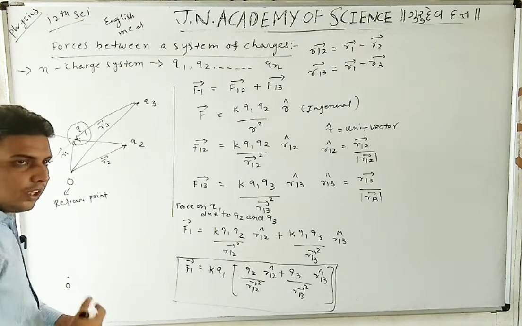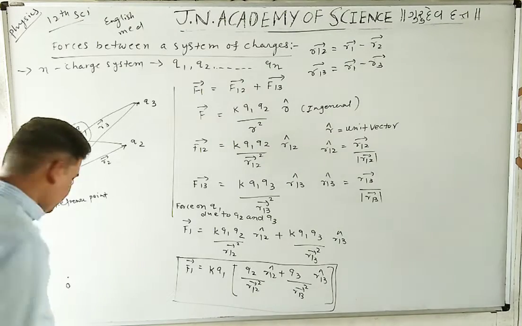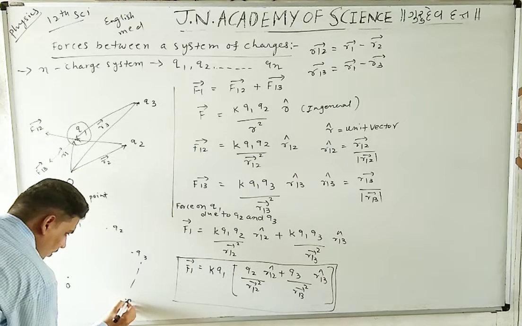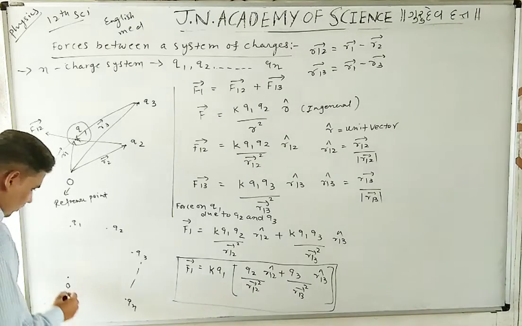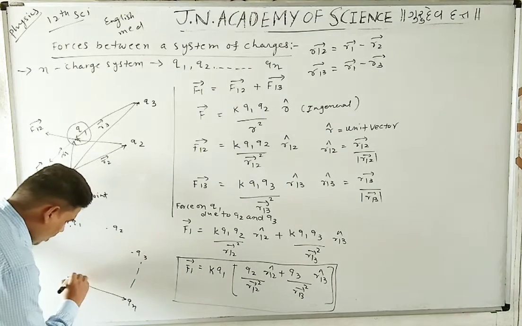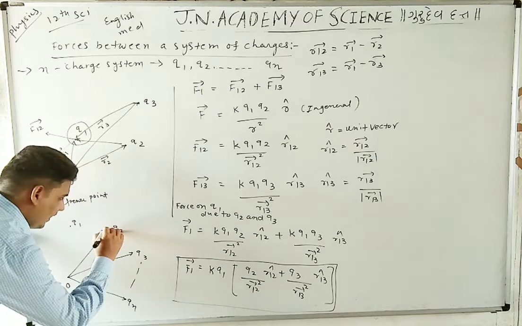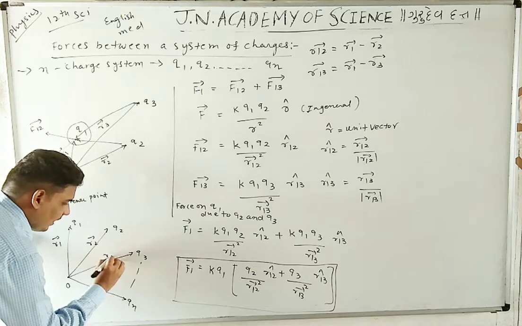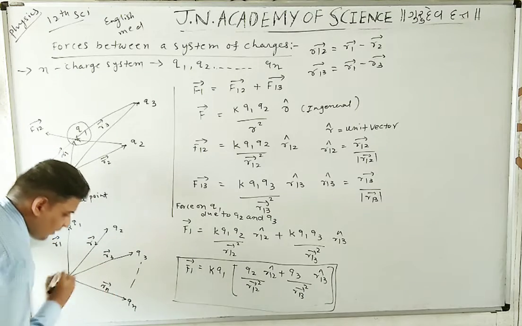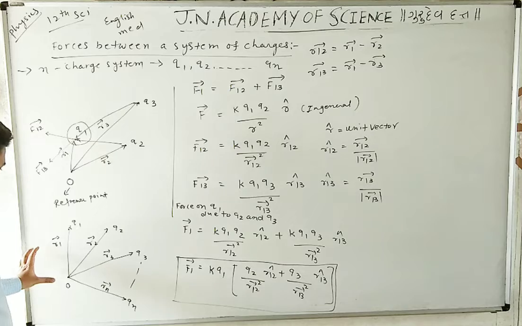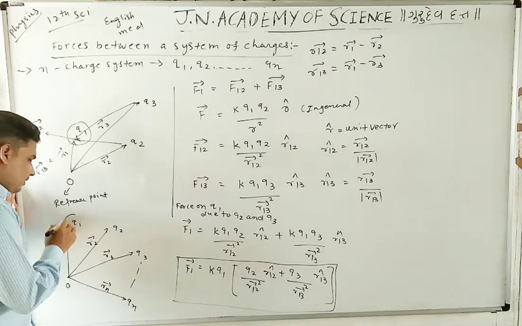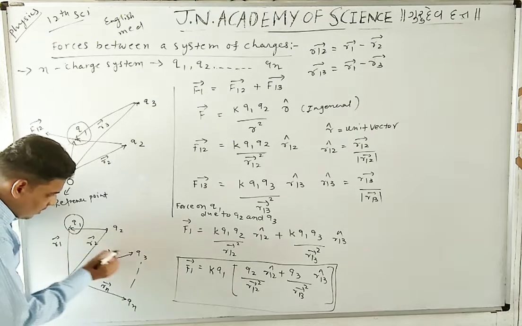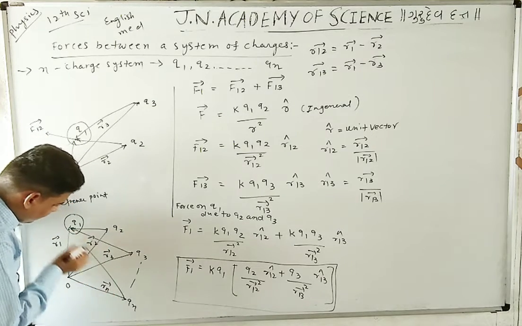Similarly, if you have an n charge system, then it will be Q1, Q2, Q3 and so on up to Qn. Your direction vectors will be R1 bar, R2 bar, R3 bar, or say Rn bar. So again your aim is the force on Q1 due to a system of charges.